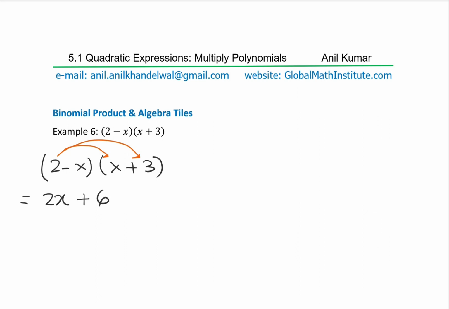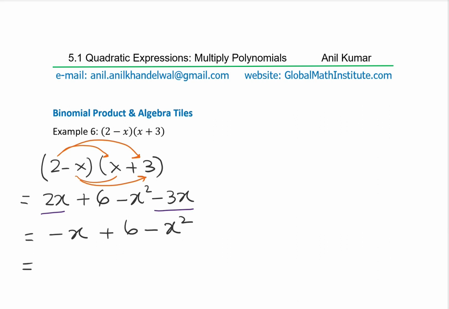Now, minus x with the other two terms will give us minus x squared minus 3x. We should now combine the like terms, which are 2x and minus 3x. When you combine them, what do you get? We get 2x minus 3x as minus x plus 6 minus x squared.